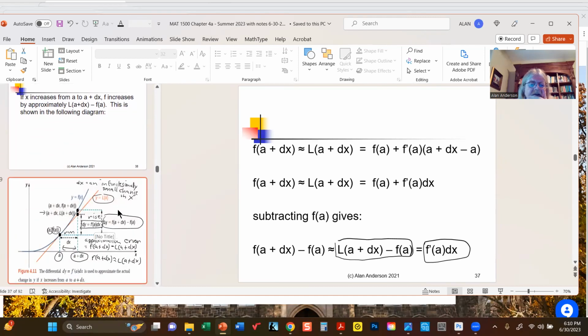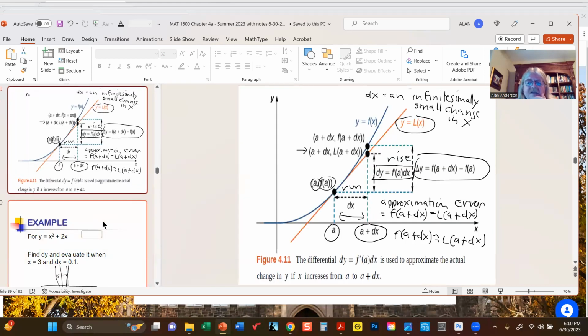Now here's a graph that shows this. Red is the linearization, as we've already seen. Blue is the curve. You can see we started at a on the x-axis, and then we increased ever so slightly to a plus dx. So the gap between these two is dx.